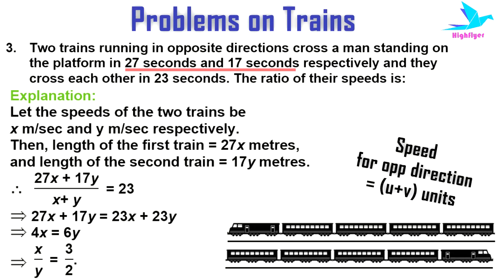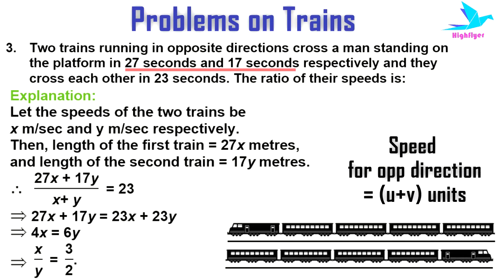Now, when two trains are moving in opposite directions, their relative length is 27x + 17y and the relative speed will be x + y. That is equal to 23, because 23 is the relative time when they cross each other. Now by solving this equation, we are getting x/y = 3/2. So the required ratio is 3:2.